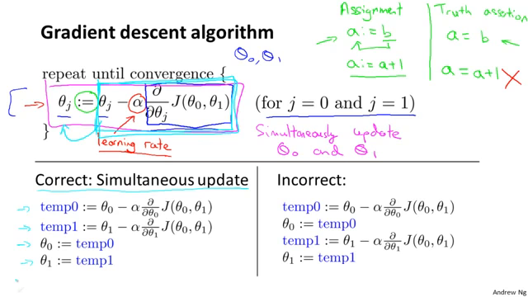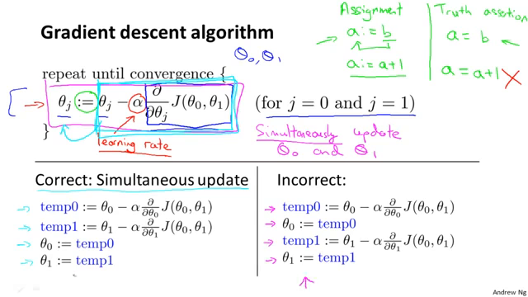In contrast, here's an incorrect implementation that does not do a simultaneous update. So in this incorrect implementation, we compute temp 0, and then we update theta 0, and then we compute temp 1, and then we update theta 1.